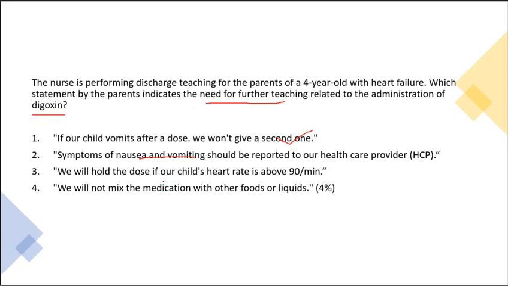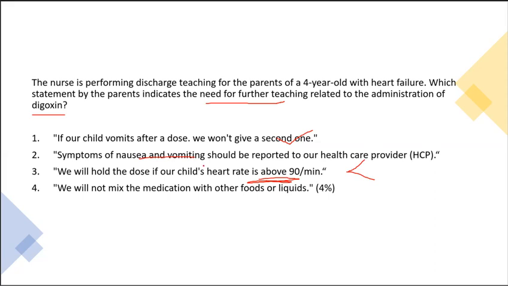How about if she says we would hold the dose if our child's heart rate is above? So that would be wrong. We would only hold the dose if it's less than 90 for this child. So again, that would be wrong, and we'll need to carry out further teaching. So generally, the guidelines are to hold digoxin for pulses that are less than 90 in infants and young children, and less than 70 in older children.